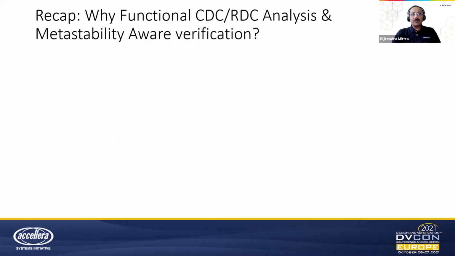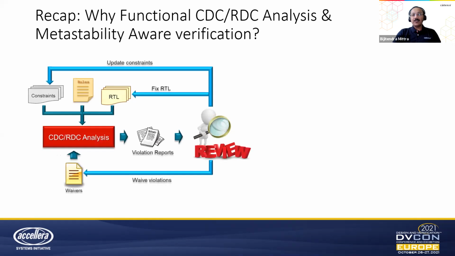First, a quick recap of why functional CDC RDC analysis and metastability-aware verification is important. As Kanwar mentioned, in the conventional CDC RDC flow, there are a few gaps that exist.